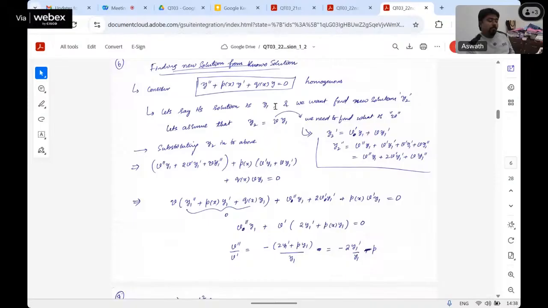Let me say y1 is known. Let me multiply y1 with a v, where v is some function of x. Let's say I generated a new solution, y2. When I substitute this y2 into the above equation, first let me find y2 prime and y2 double prime, and then substitute back into the above equation. Do the rearrangement.